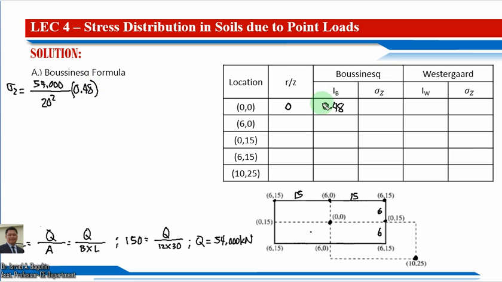So this is our I_B. So our sigma z is equal to 65 kilopascal.